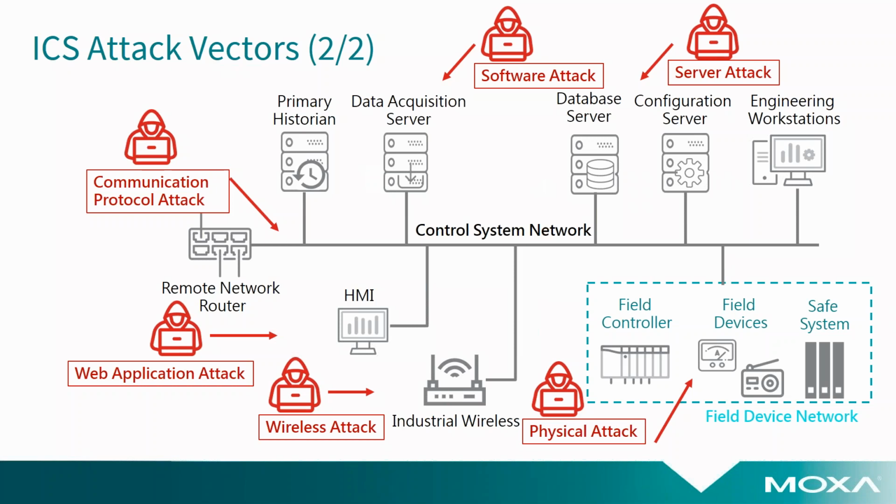It's pure, and you can see everything, so they're very vulnerable. The communication protocol is a big area of attack. Web application attack is also important to recognize, as more and more devices start to connect to the internet.